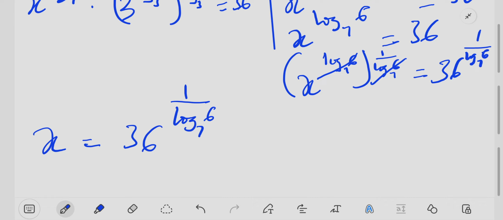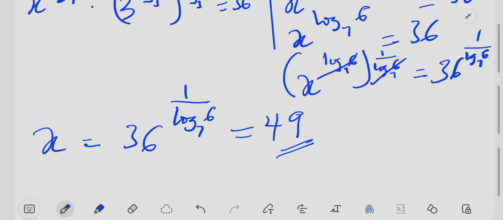So from here, you can simply use your calculator to get your answer. So using our calculator, 36 raised to the power log to the base 7 of 6, that gives us 49. Okay, so this gives us 49 as our answer.